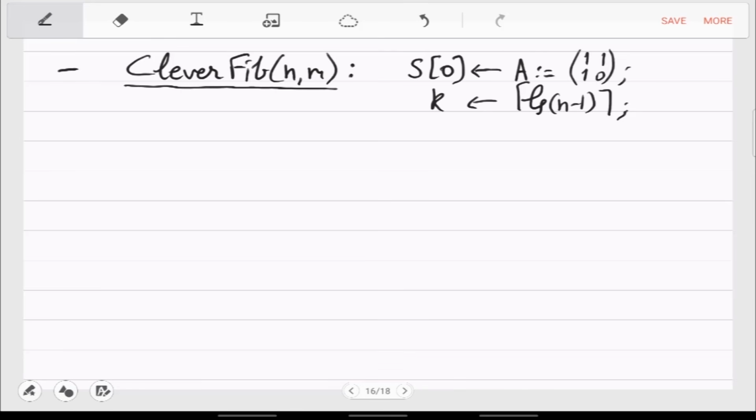So S0 I have substituted to be A. As I have said before, n minus 1 you have to first write in binary so that you know which powers of 2 are important. So n minus 1 will define this binary representation.